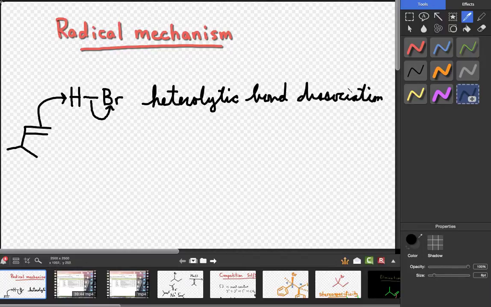It produces two ions because, as we've previously seen, we get a positively charged carbocation and we get a negatively charged bromide ion. This is the hallmark of a polar reaction mechanism. Heterolytic bond dissociation.